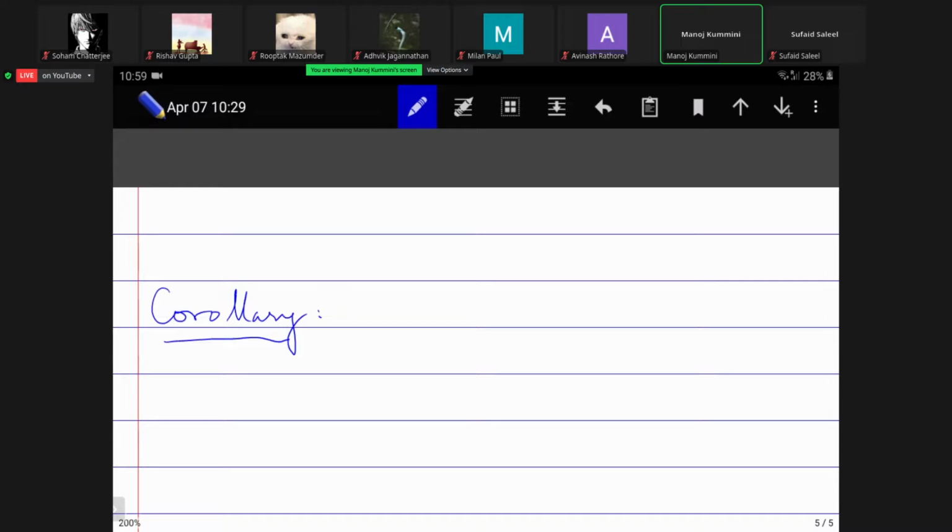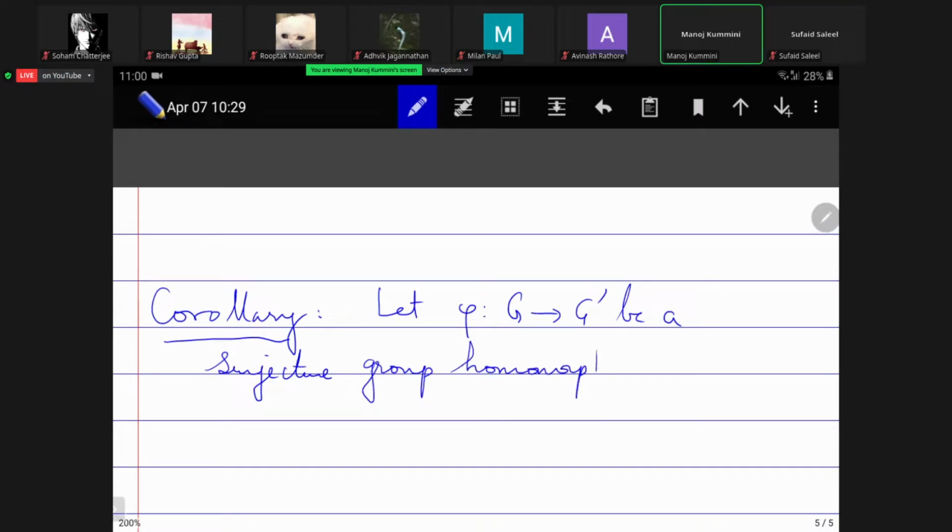Okay. So there's an important corollary of this thing. Corollary 1: let phi from G to G prime be a surjective group homomorphism. Then G prime is isomorphic to G mod kernel of phi.